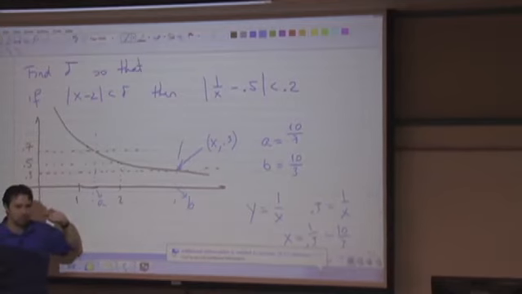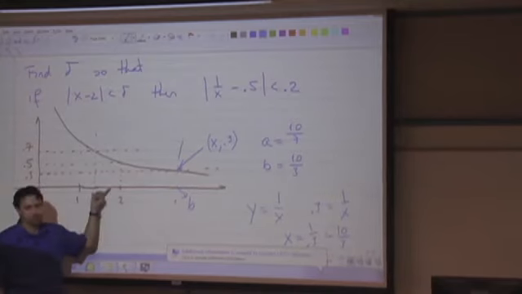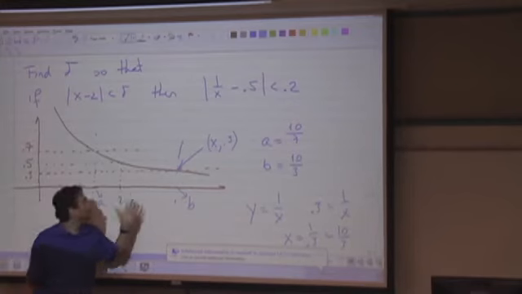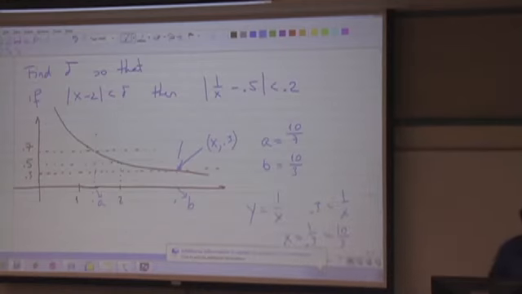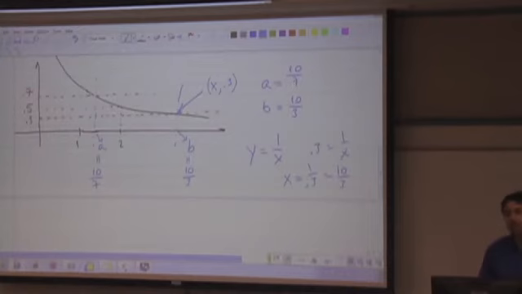Are they delta? Well, remember, delta is symmetric on both sides of your value, right? So the question is now, what would delta be? So what we're saying is that A is 10 over 7 and B is 10 over 3, right? So then what should delta be?